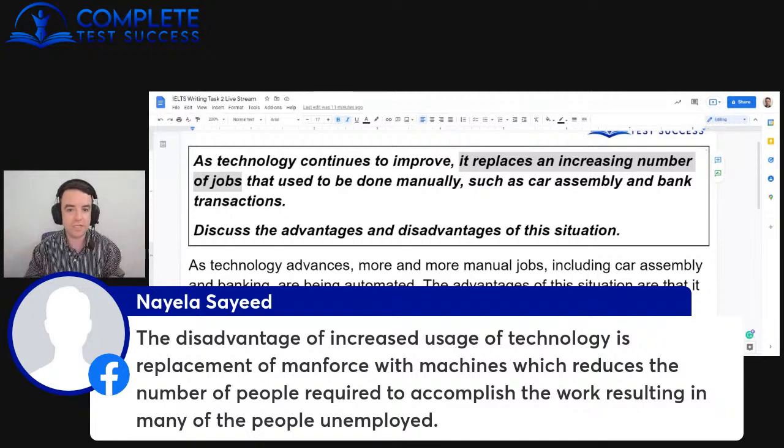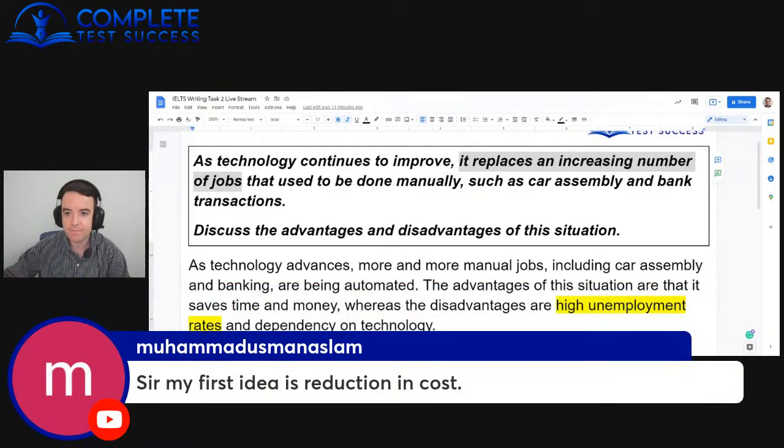You'd have to say one disadvantage or add disadvantage because we need to mention two. So let's say a disadvantage of using technology instead of manual labor is that it increases unemployment rates. That's basically what you've said, but with more words.